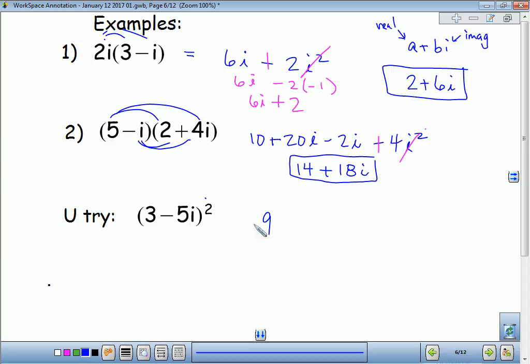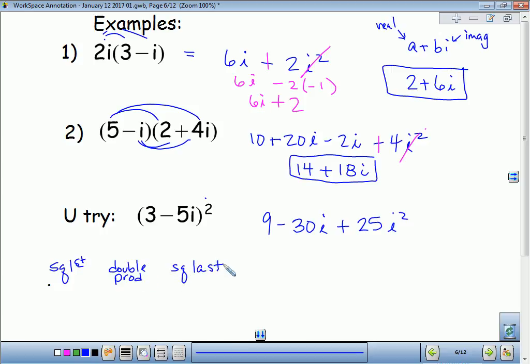If we double the product, we get -30i. And when we square the last, we get a positive 25i squared. Okay, so remember, we squared the first, we doubled the product, and then we squared the last.